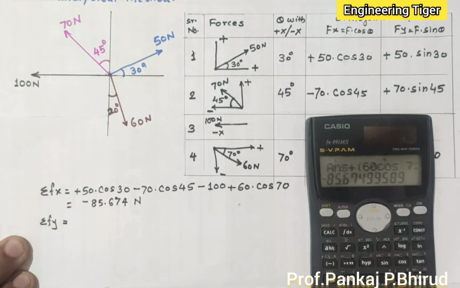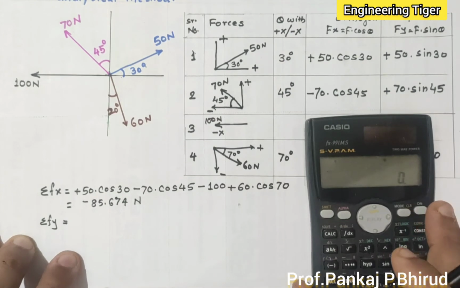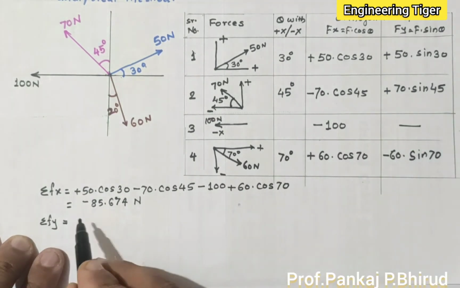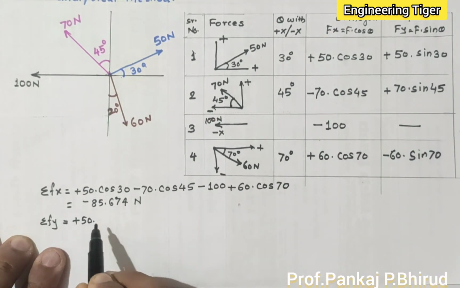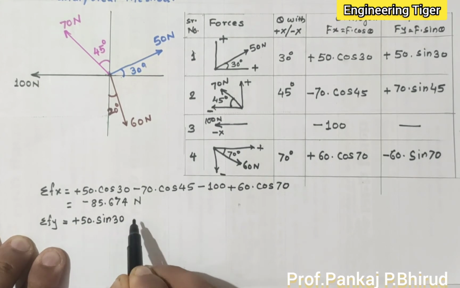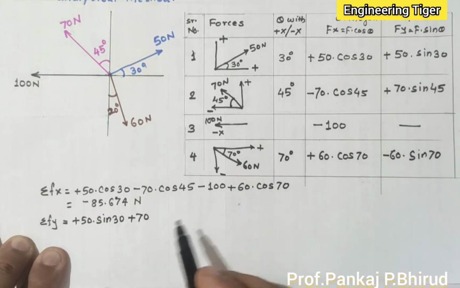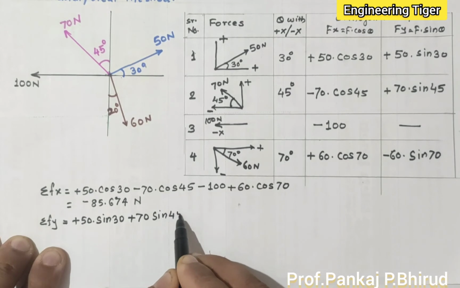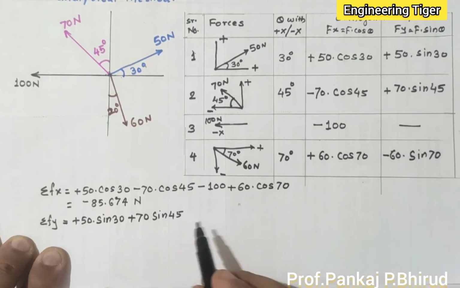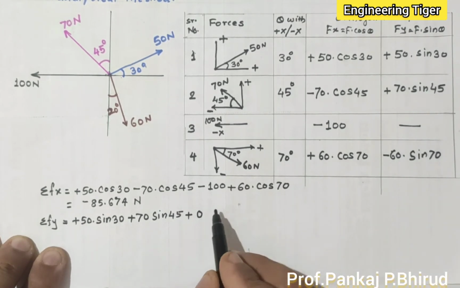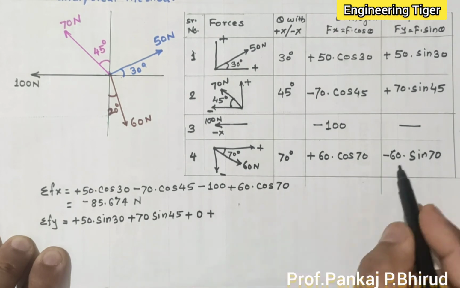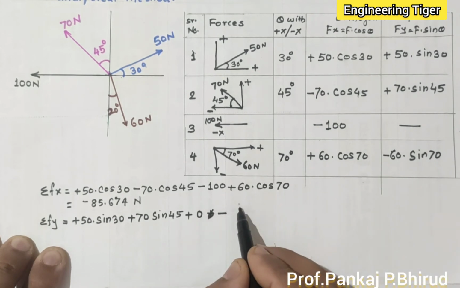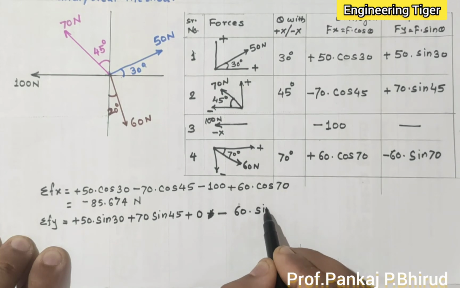Now take sigma Fy. Sigma Fy equals, write down the components first, plus 50 sin 30 plus 70 sin 45. Now this is 0, so you can write 0, and minus 60 sin 70.